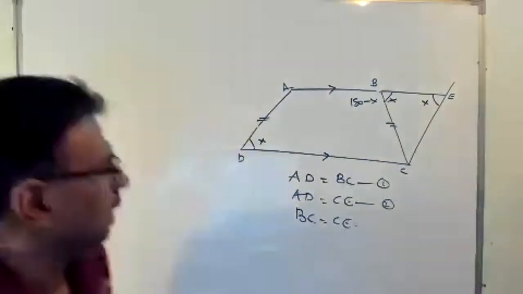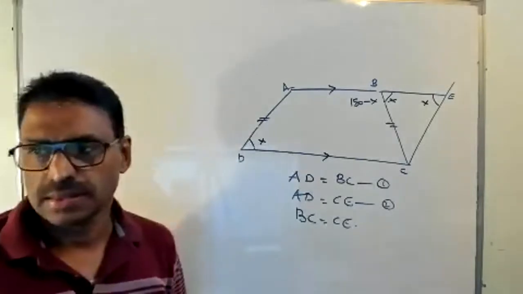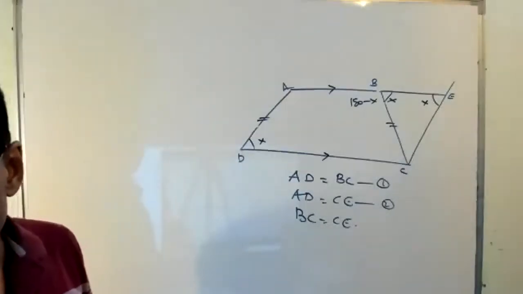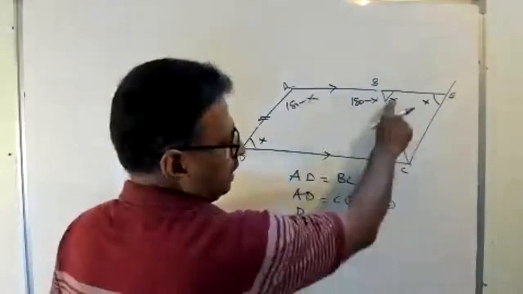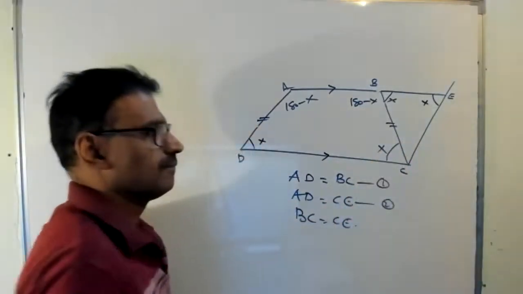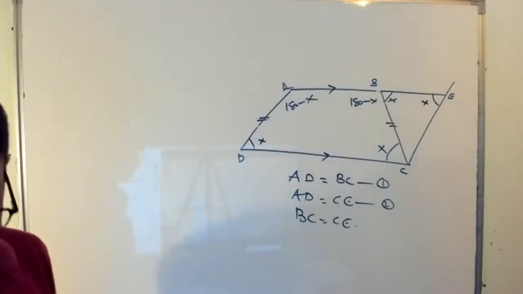A plus D is 180, D is X. So A how much? 180 minus X. This is X, this also X. Why? Alternate angles.